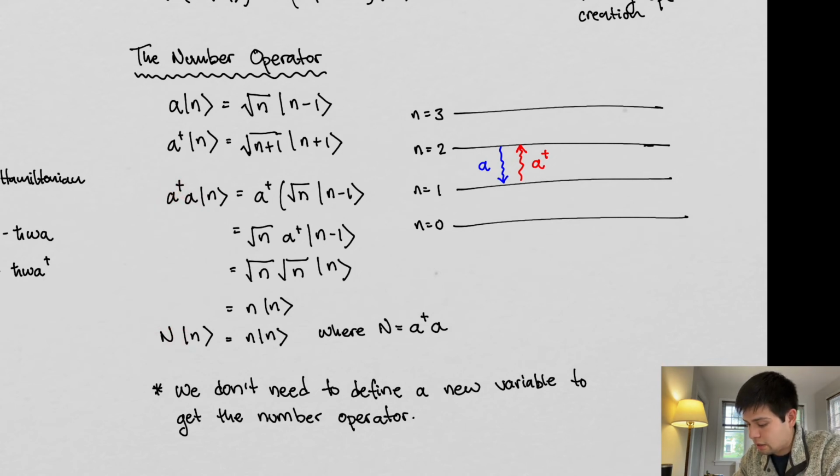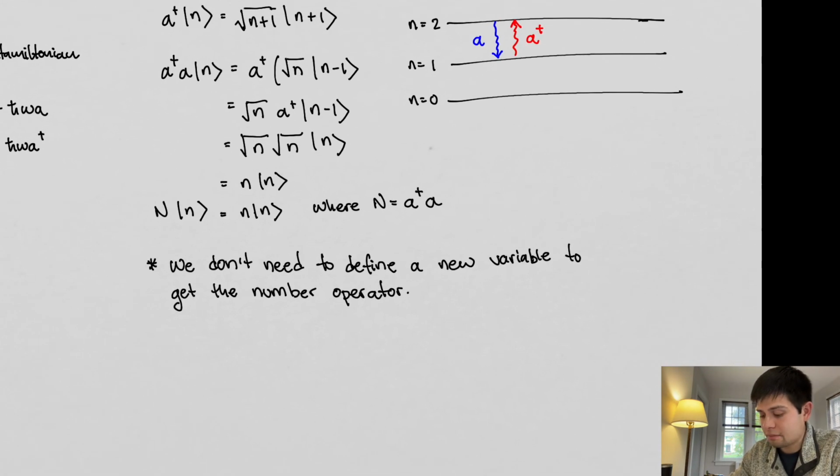And what's interesting about this is that we did not need to define any new variables if we wanted to get the eigenvalue of the energy state out. Everything is really just in terms of our raising and lowering operators, even this number operator. That's what's super useful about this number operator.